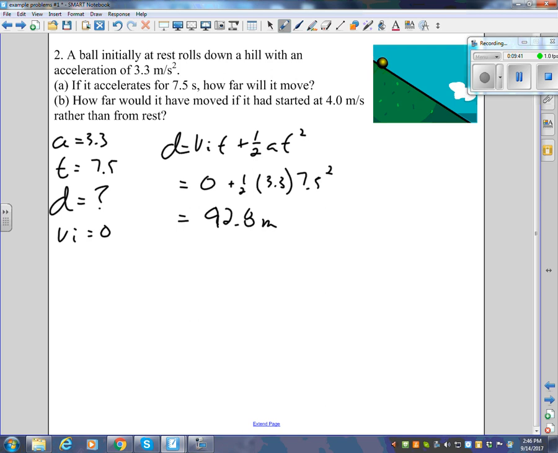And part B just says, how far would it have moved if it had started at 4? So what's the difference here? Put 4 in instead of 0. That's it.